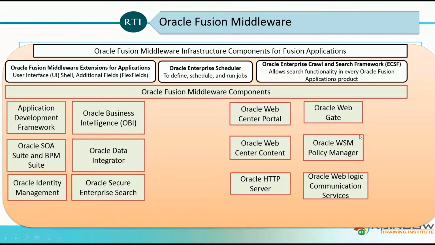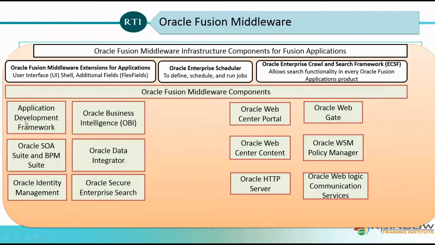Right. So these are the middleware components available in Fusion. The first one is Application Development Framework. This is an end-to-end Java Enterprise Edition framework that helps us develop any Java-based application. Any page that you see in the Fusion applications is built using the Application Development Framework.